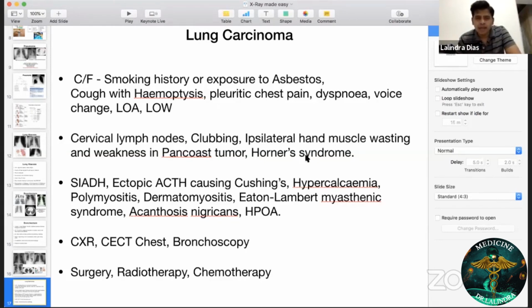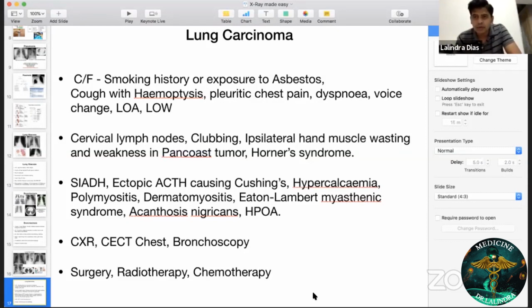The clinical features of Pancoast syndrome I have mentioned, and also when you get lung cancer, you can get finger clubbing. Also, you can get a lot of endocrinological manifestations in lung carcinoma. Those are called paraneoplastic syndromes. The other term is non-metastatic extrapulmonary manifestations of bronchial carcinoma.